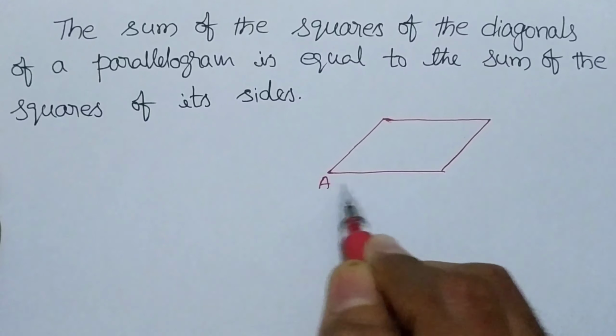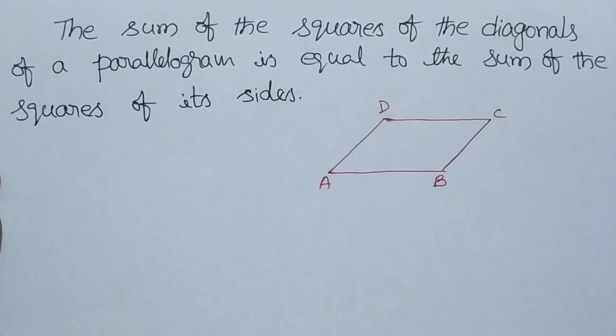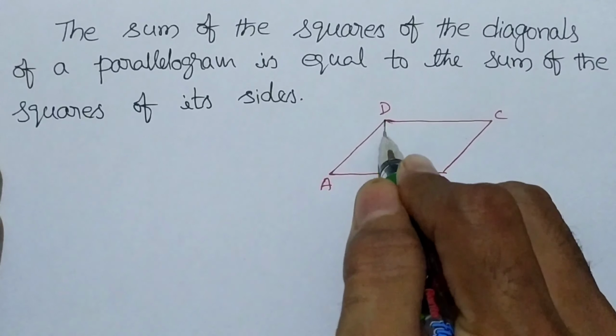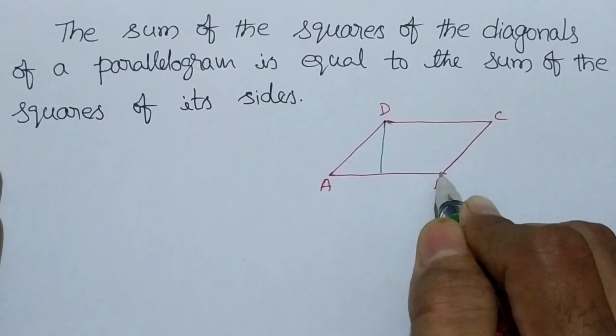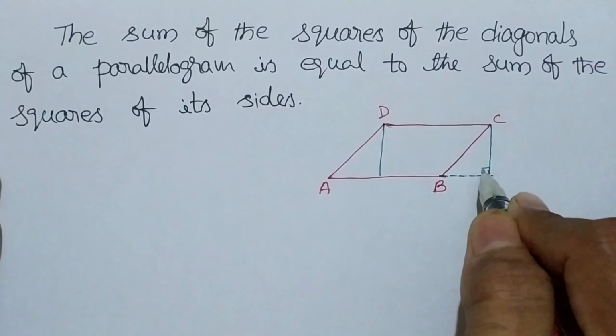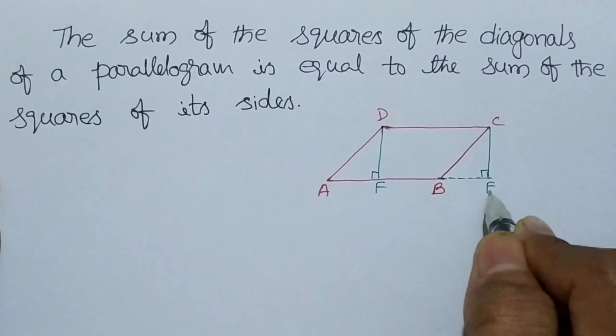Name it as A, B, C and then D. Now here let us draw perpendiculars from D to AB and also from C to AB. Name them as F and E.